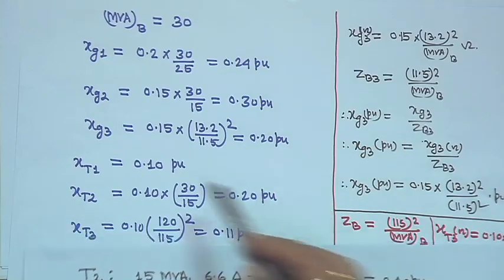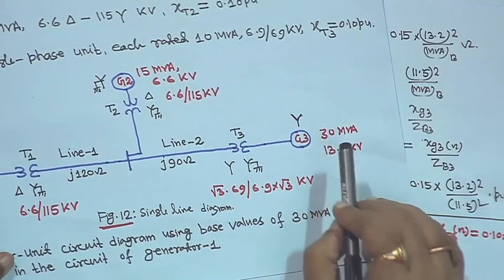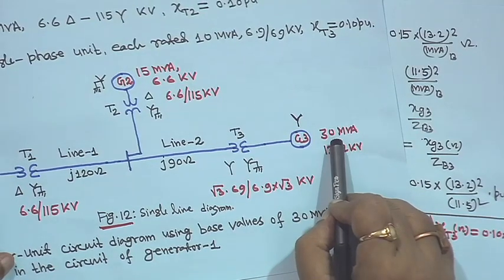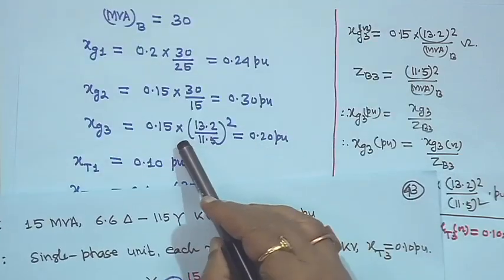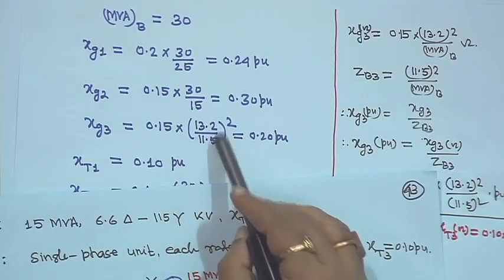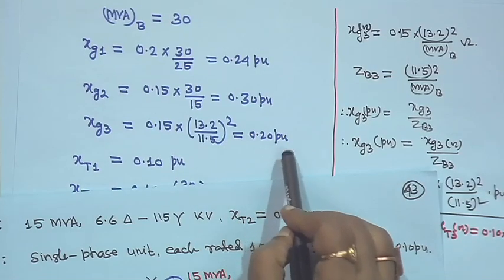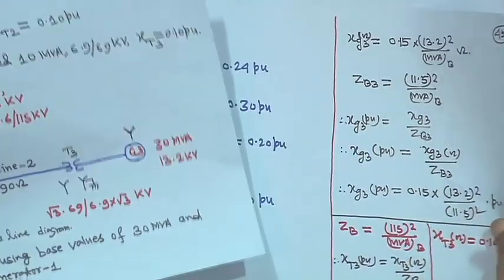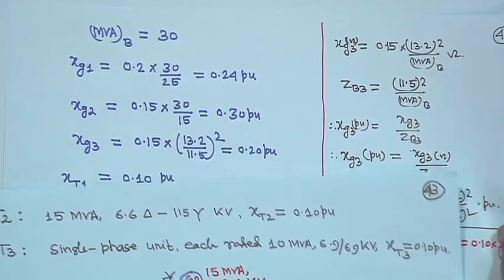Now, in the case of generator 3, the base MVA is 30 and this is also 30, so the ratio 30 by 30 cancels, but it becomes 0.15 into 13.2 upon 11.5 whole squared, which is equal to 0.2 per unit. If you have any confusion, it will be something like this.